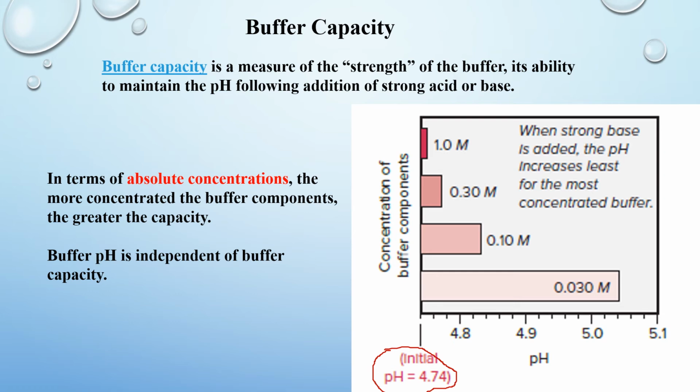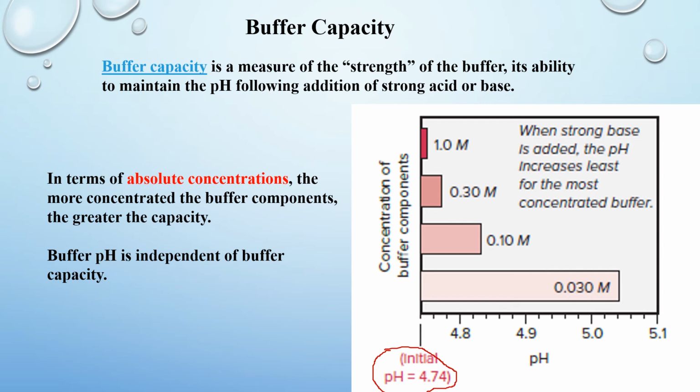So actually, you can get this same initial pH by using different mixing recipes. So if you mix 1 molar of this acetic acid and 1 molar of this acetate salt, you get pH 4.74.